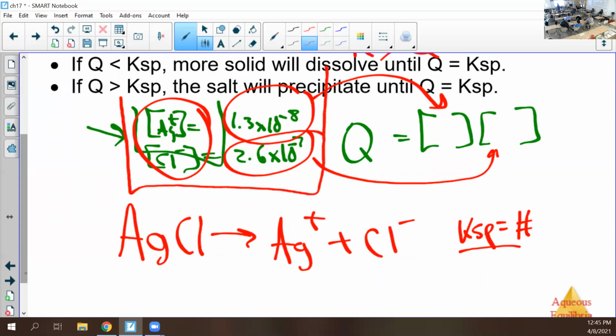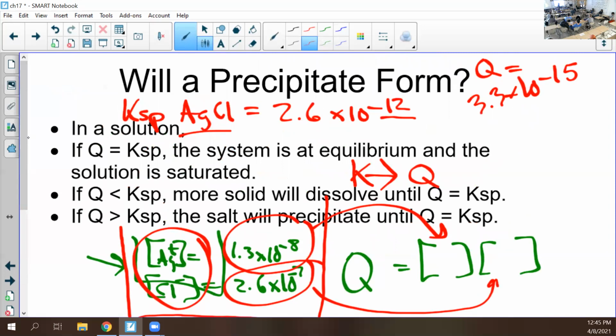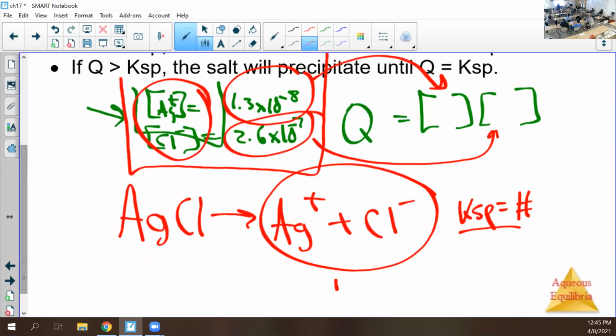You had that much and that much. It wants to know if from that exact moment, will it make more ions or will it make a precipitate, which means more solid? Since our arrow pointed to the right, that means we make more of these and less of that.